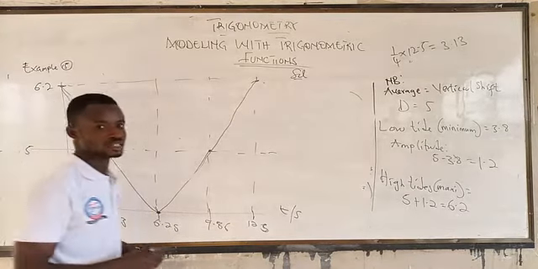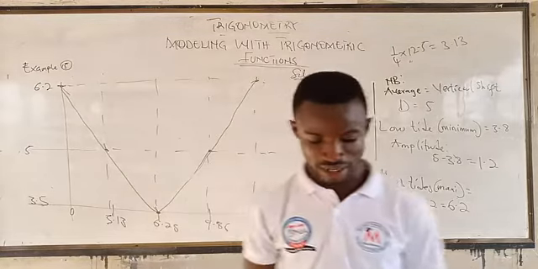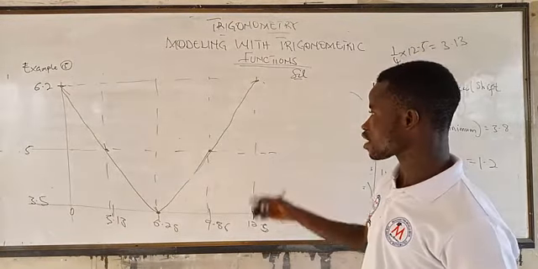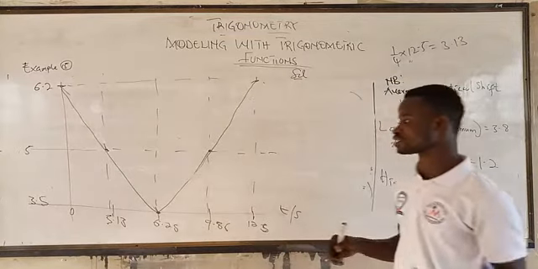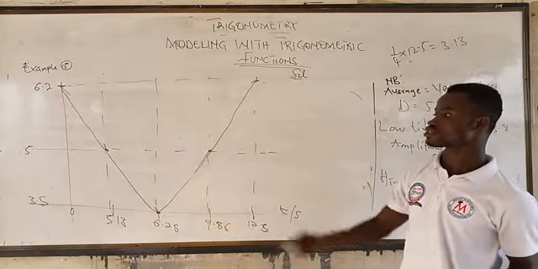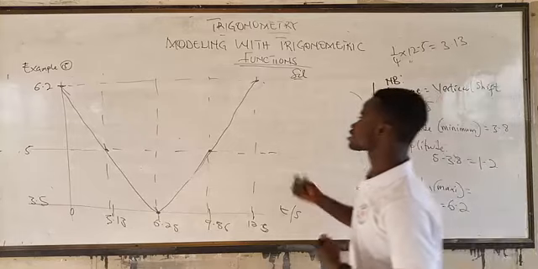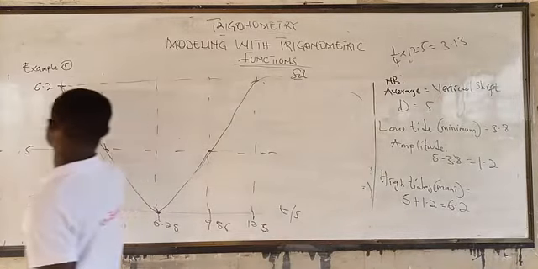So that's going to be the graph. This one is a cosine graph, and you can see that it is at the origin. So there is no shift with this.